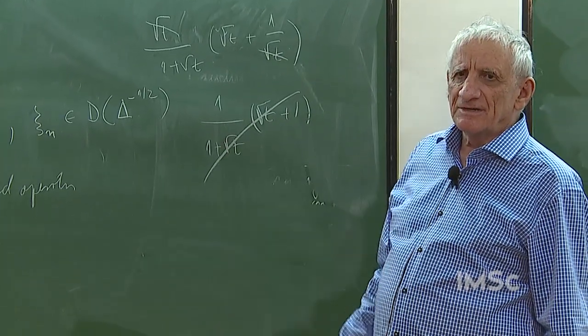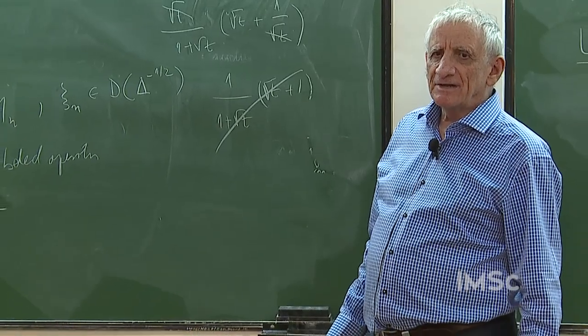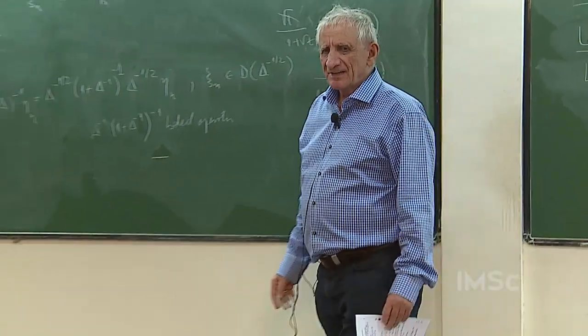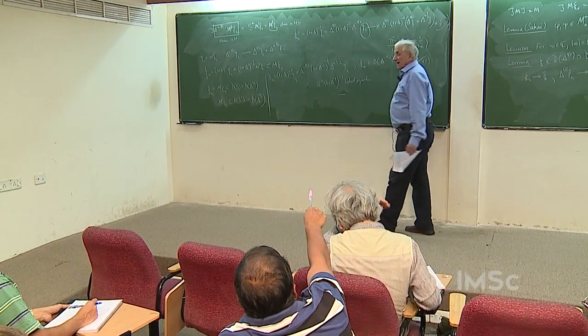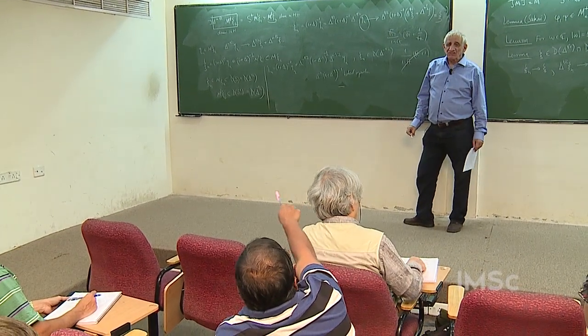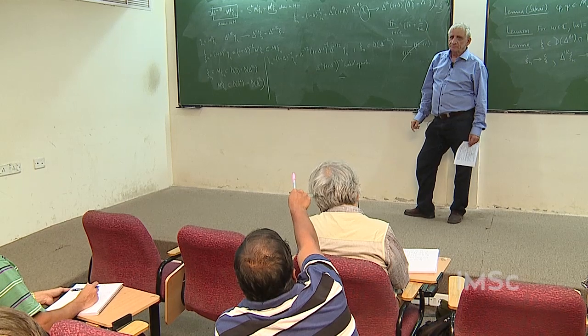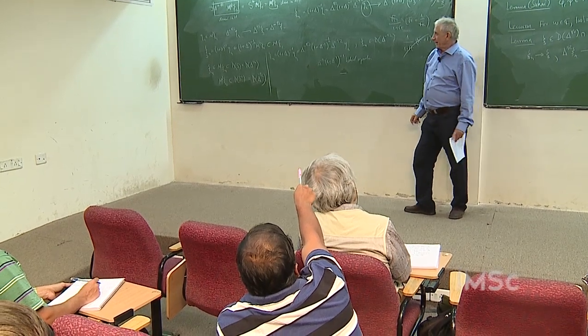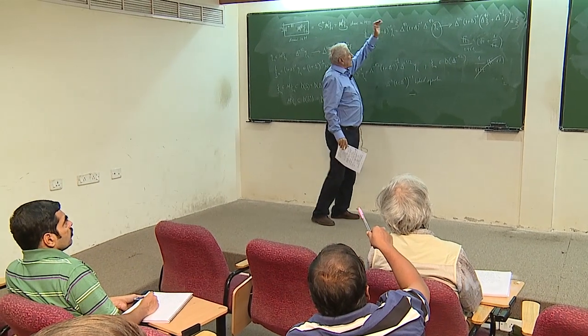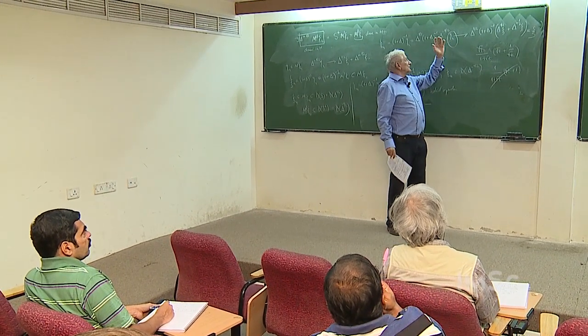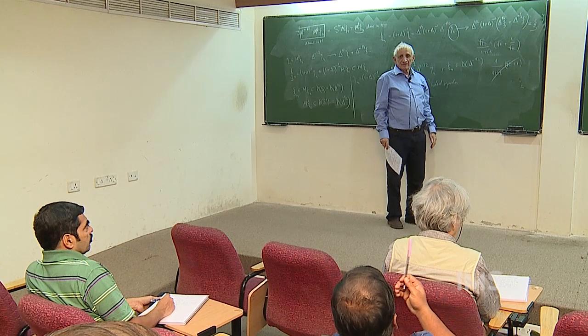Why does that sequence converge to there? Can you tell me again? Why this? Because eta n was chosen such that it converges there, but there is some unbounded operator in front of that. It's a bounded operator. Why do I have here the convergence? Because this is a bounded operator. That's all.